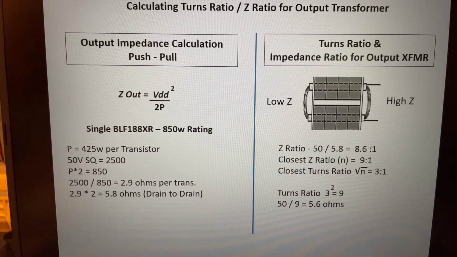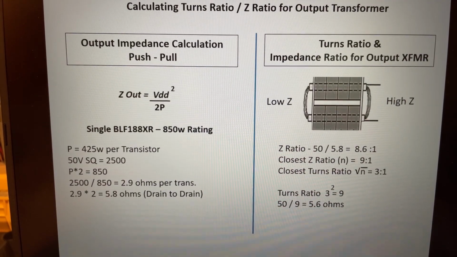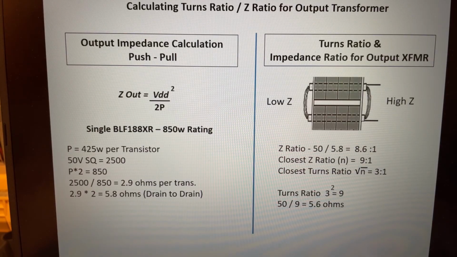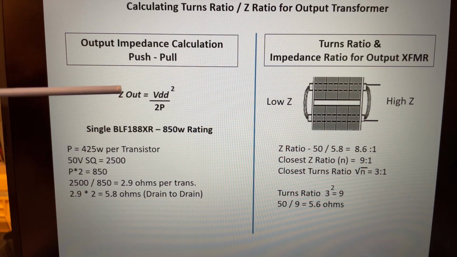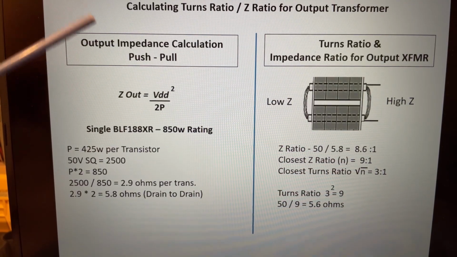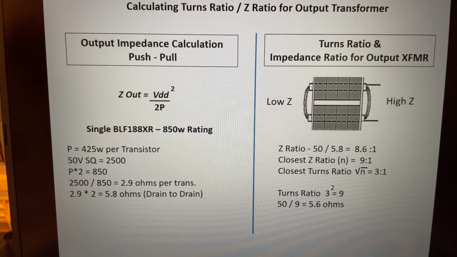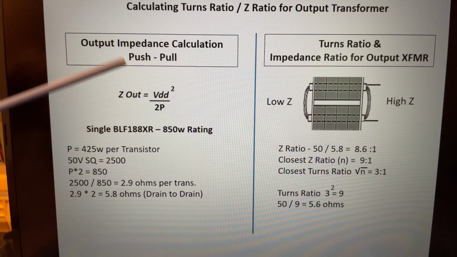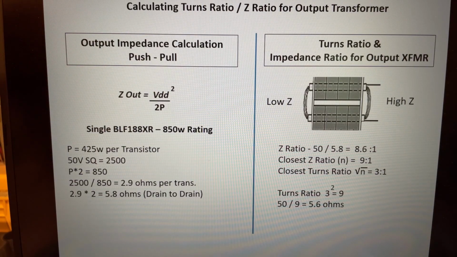Now we're going to talk about the turns ratio and impedance ratio, which I briefly touched on in the beginning. Basically, we need to know what our load is going to be, and there are a couple of different ways to do this. You could use the output impedance in the data sheet, or a very good approximation is just to take VDD squared divided by 2P.